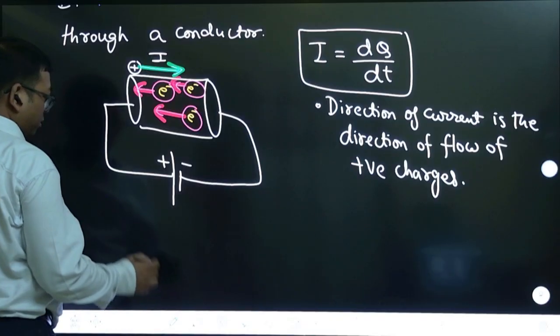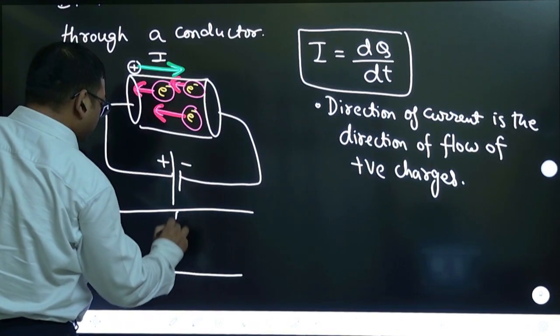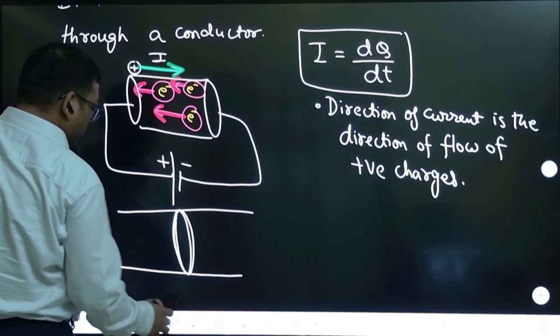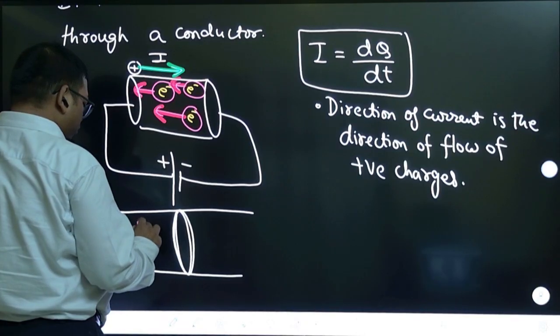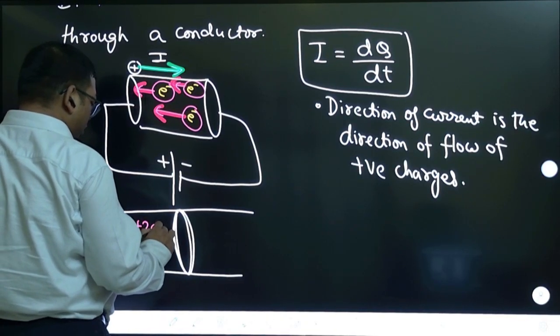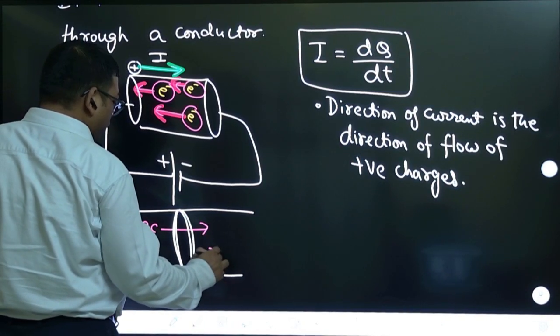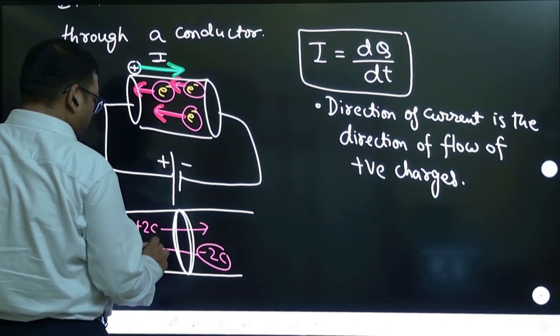Suppose there is a cross section area. Let us consider this cross section area of a metal. Through this cross section area, let us say plus 2 coulomb charge is moving this way and minus 2 coulomb charge is moving this way.